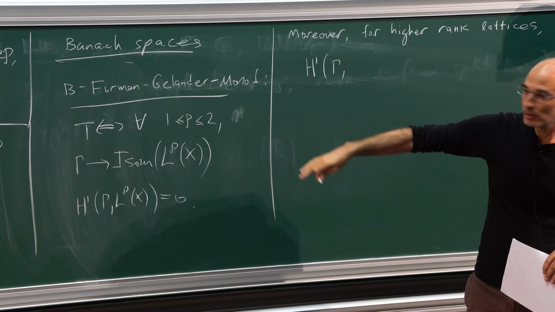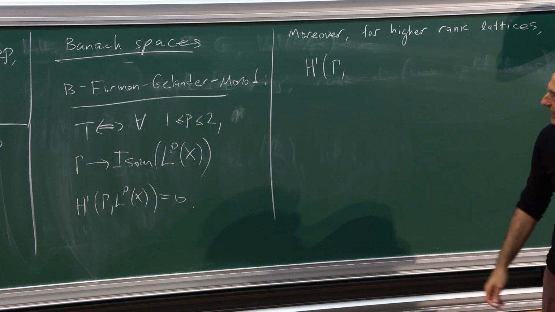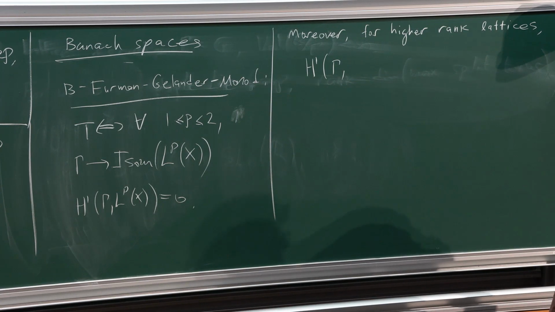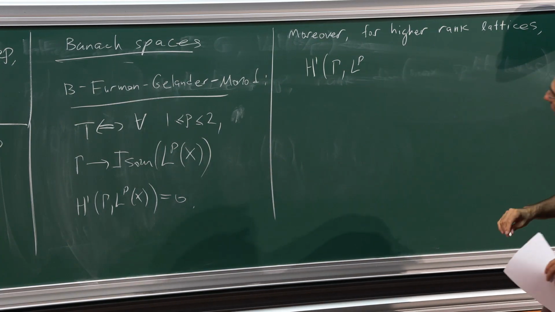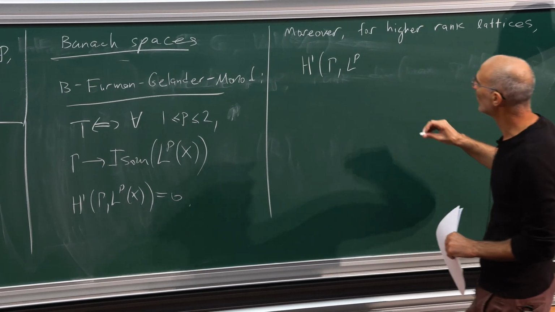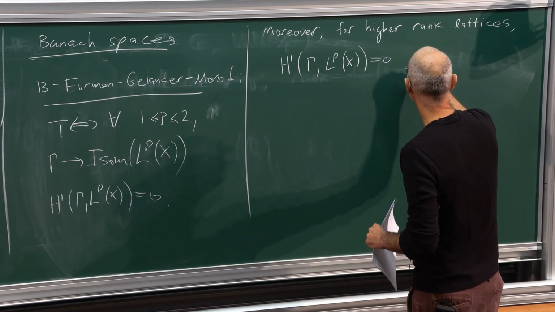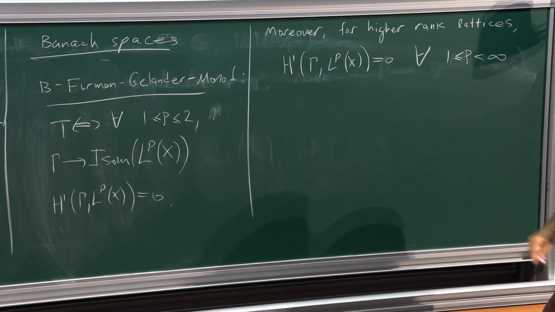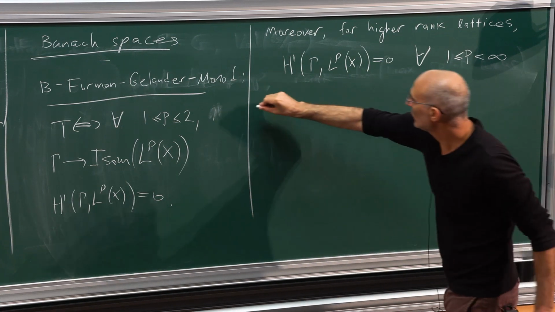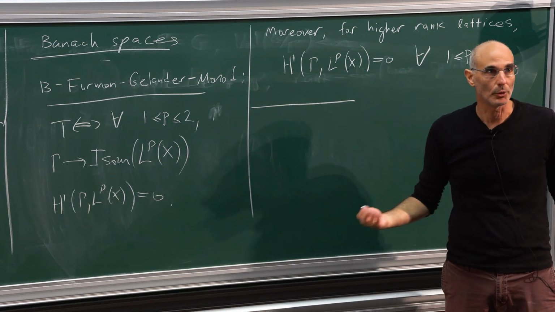Yeah, I use the gamma notation again, but this is for any group. And now I think about higher rank lattices. So notation gamma is justified, and I'm saying that there is a vanishing for every p, not only in this range p less than 2. So higher rank lattices are more rigid than the general group with property T.